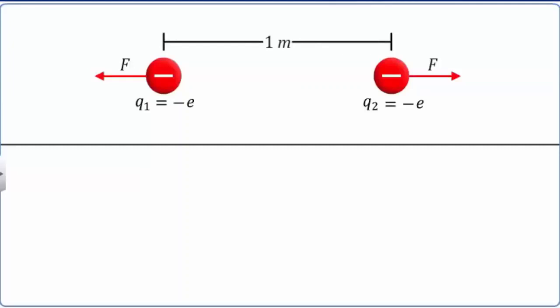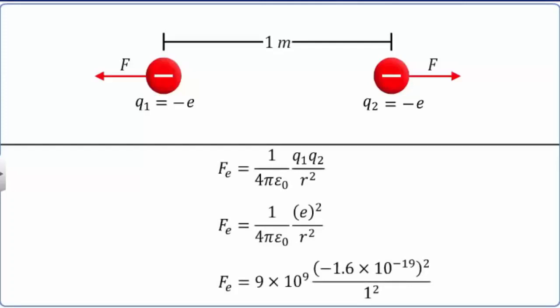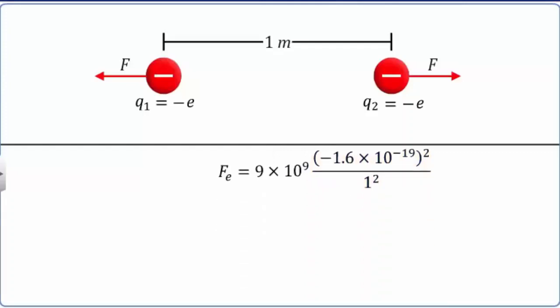The magnitude of the electrostatic force between them, according to Coulomb's law, is given as Fe equal to 1 by 4 pi epsilon naught e square by r square, where r is equal to 1 meter. Substituting the values of the various parameters, we have the electrostatic force between the two electrons equal to 23.04 into 10 power minus 29 newton. Let this be equation 11.